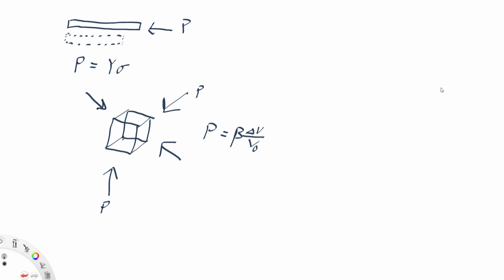You can also have shear strain, where you start with something that's nice and perpendicular, and you apply a force across its top, and you end up with something that is slanted.